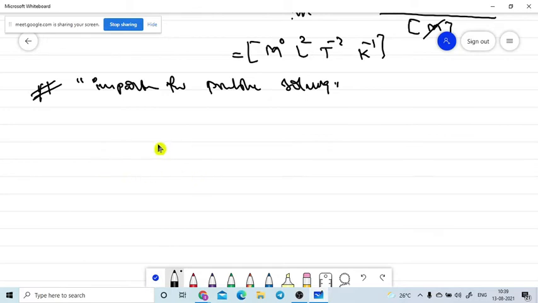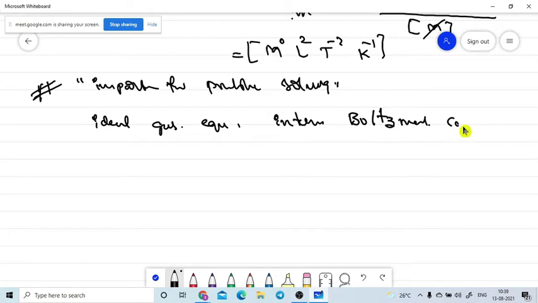So they may ask the ideal gas equation in terms of Boltzmann constant. They will denote it with capital K. What is the relation between capital K and the ideal gas equation?